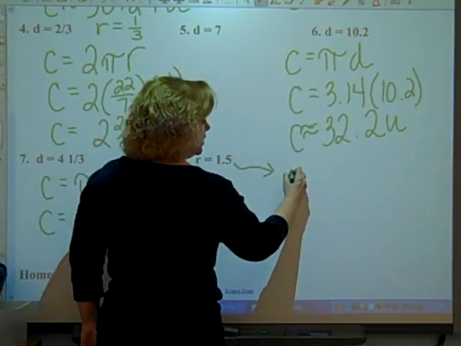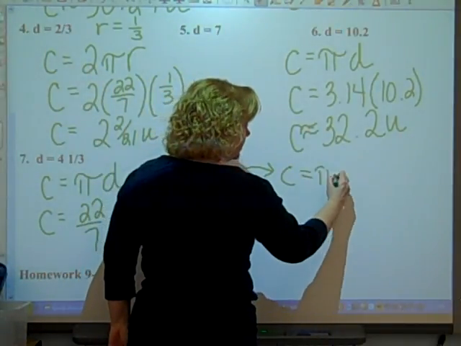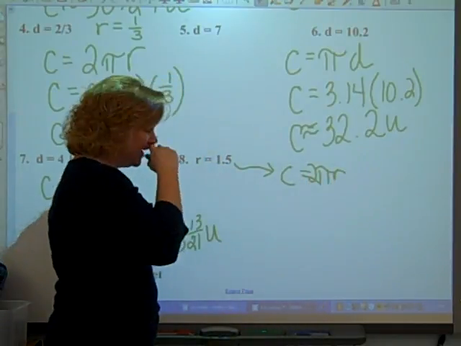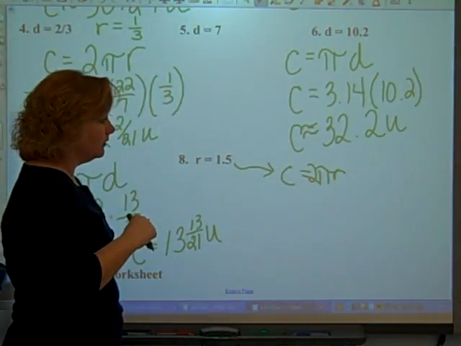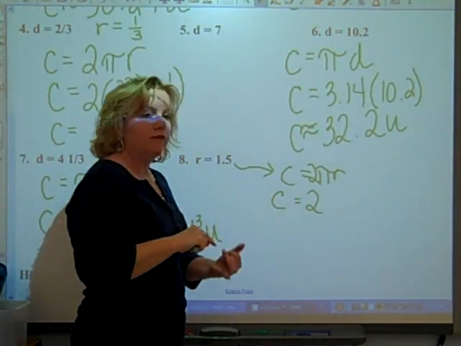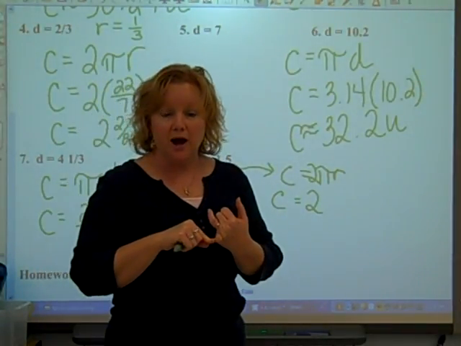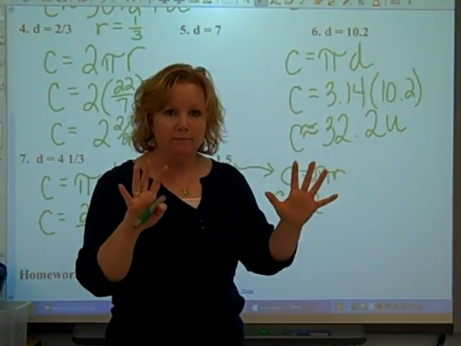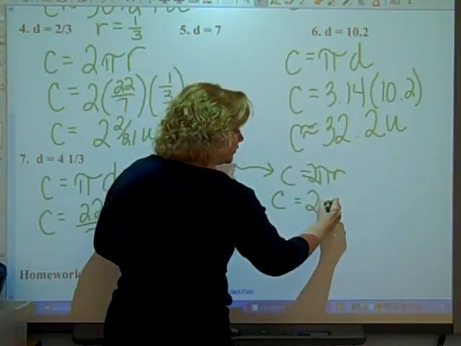Watch what happens. Circumference equals pi times, in this case, we're going to put 2 times the radius because they gave us radius. So circumference equals 2. Guess what? If they want me to leave it in terms of pi, I'm not going to change my pi symbol at all. I'm going to leave it a pi symbol.